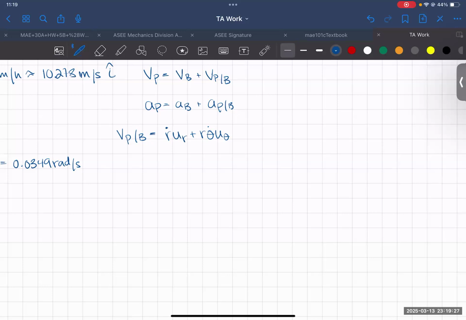Take the derivative. The acceleration of P equals R double dot minus R theta dot squared, UR, plus R theta double dot plus 2 R dot theta dot, U theta.